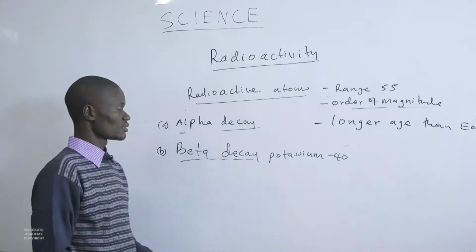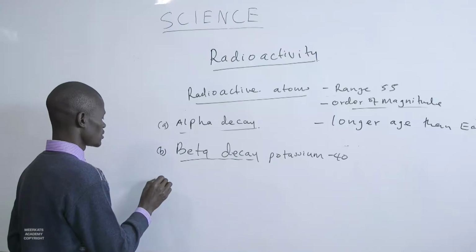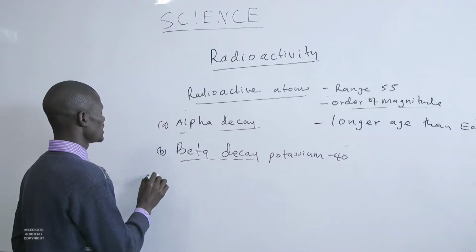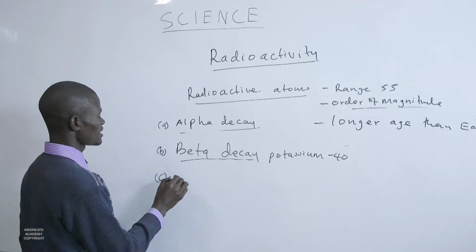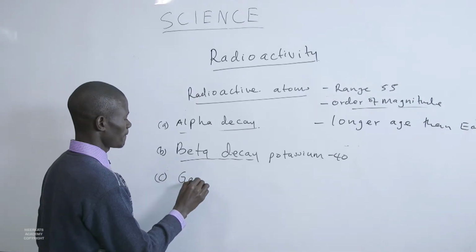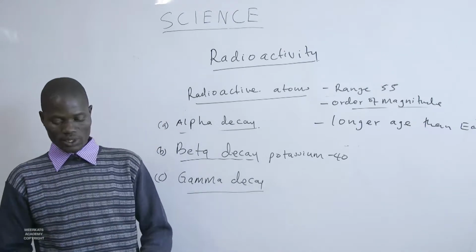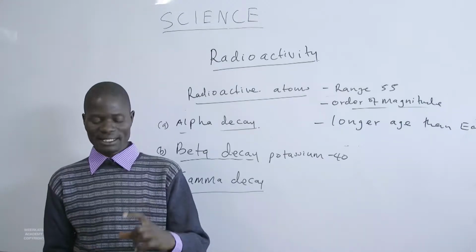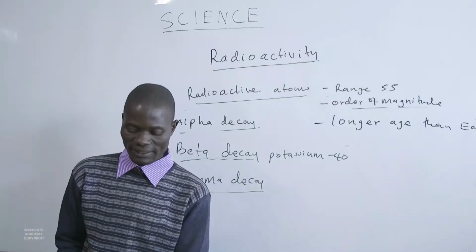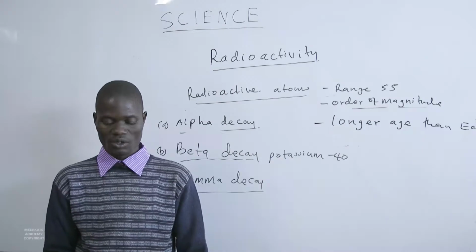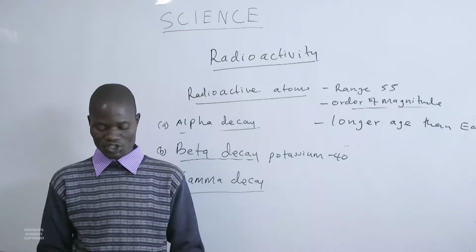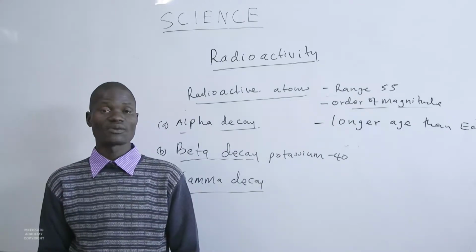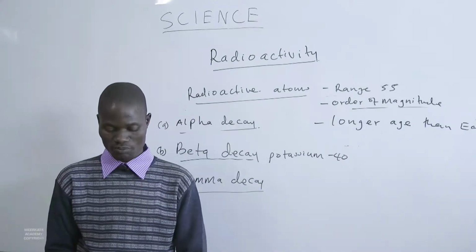To give an extent, when we look at the gamma decay, it involves electromagnetic radiation, which is stronger because of very high frequency, and therefore they have a high level of photons.